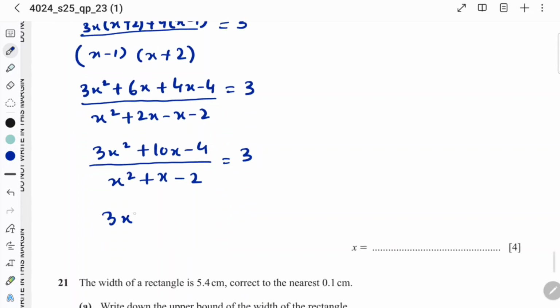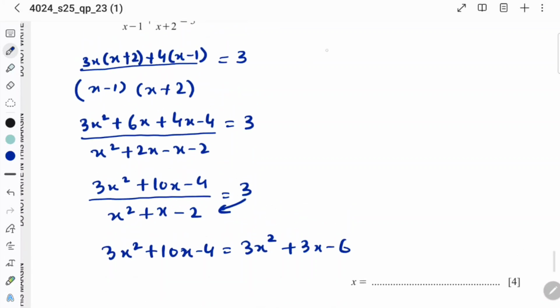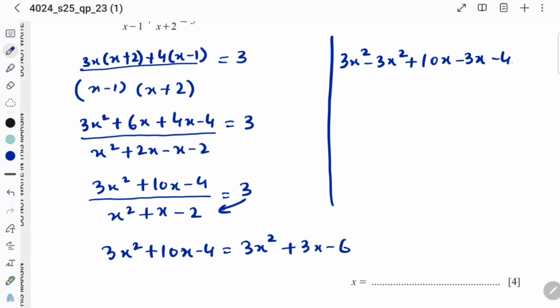Simplify more. This is 3x square plus 10x minus 4 divided by x square plus x minus 2, is equals to 3. So this is becoming 3x square plus 10x minus 4 is equals to 3x square plus 3x minus 6. I multiply everything by 3 there. Now moving it to one side, that is 3x square minus 3x square, and then plus 10x minus 3x, and then minus 4, and then plus 6 equals to 0.